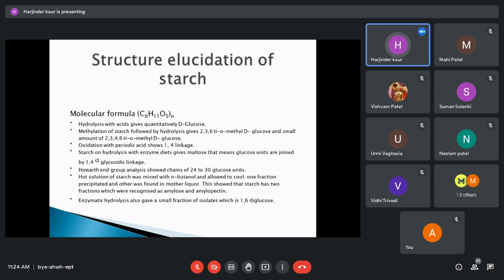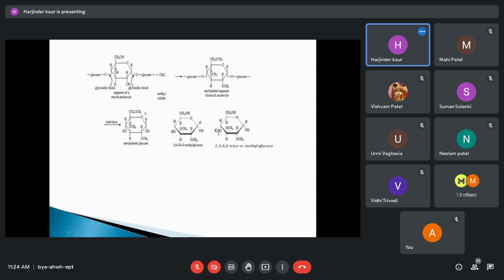Let me give you the structure of this. Say this is the structure of starch, glucose units joined together by 1,4 linkage. Now how many OH are free? This is carbon number 1, next to the O is C1, C2, C3, C4 and C5. Now there is an OH free here, here and here. This OH is used in linkage on this side of the chain and this OH on the other side of the chain.